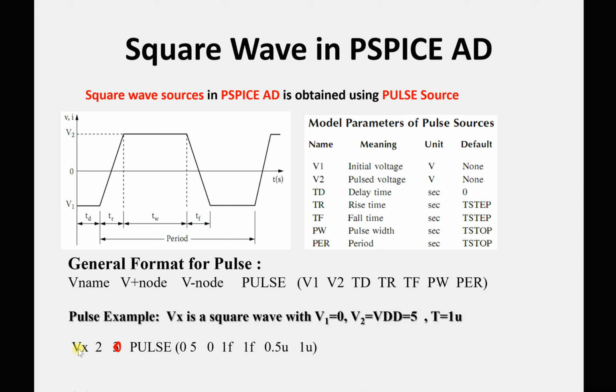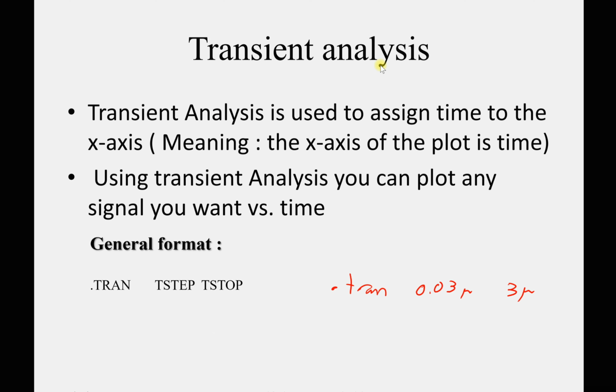In the pulse definition, what will usually change is the value of VDD, pulse width, and period, if the given period and VDD were different. Transient analysis, we'll write it as .tran, t-step, and t-stop. .tran is the name of the instruction. T-step is the value of the step between each point, and t-stop is the final value on the x-axis.